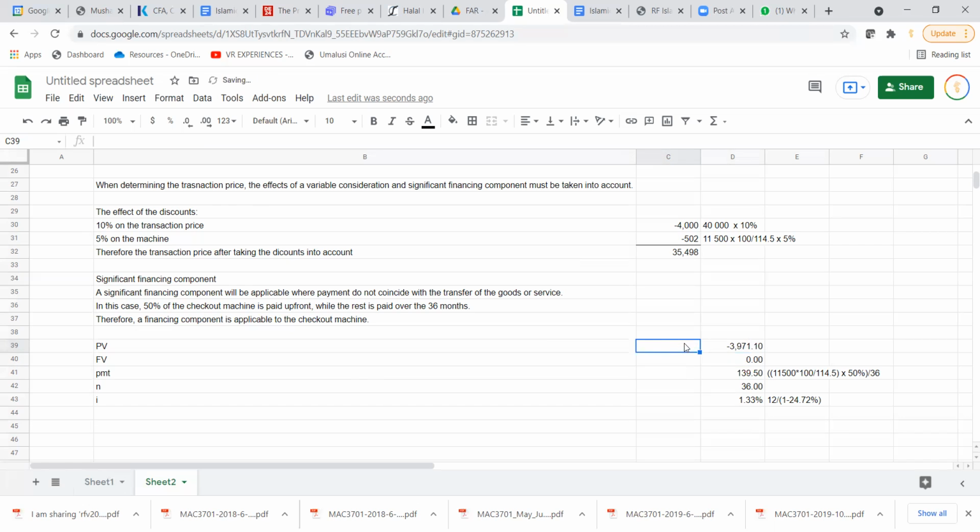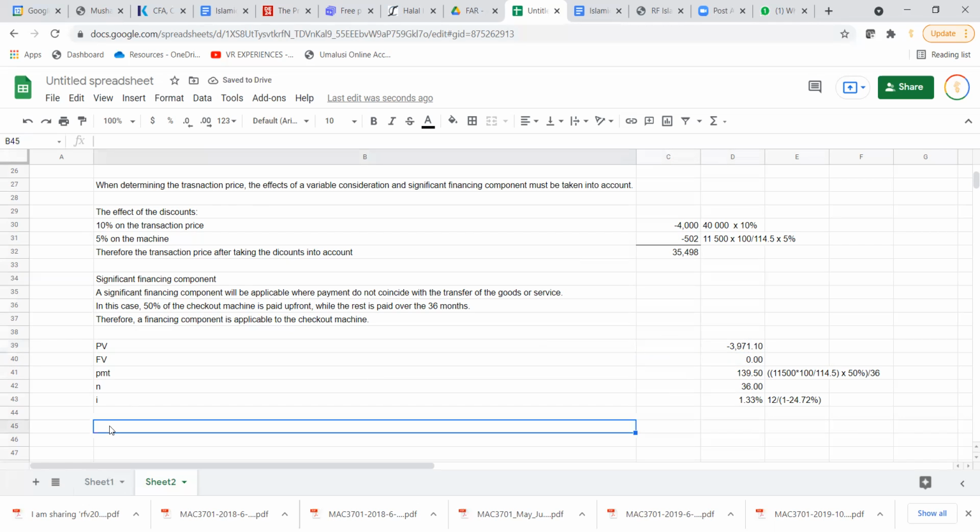Okay, so now we're going to say the significant financing component is the difference between the 50% received and the present value. Okay.